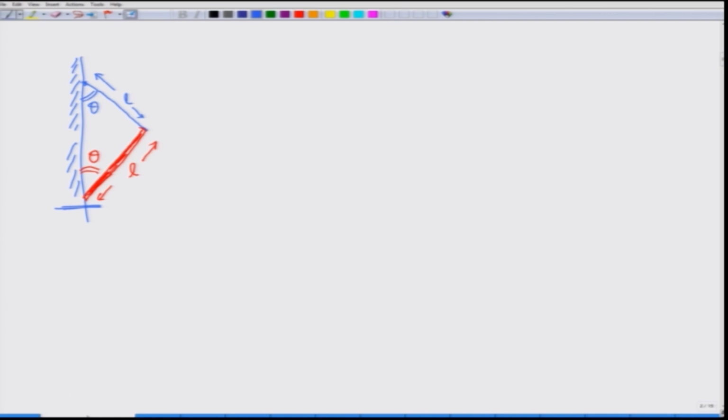What you can see is that the friction arises because this frame has a normal reaction on it due to the wall out here, and that normal reaction gives rise to the friction. So, let us look at the forces on the frame.